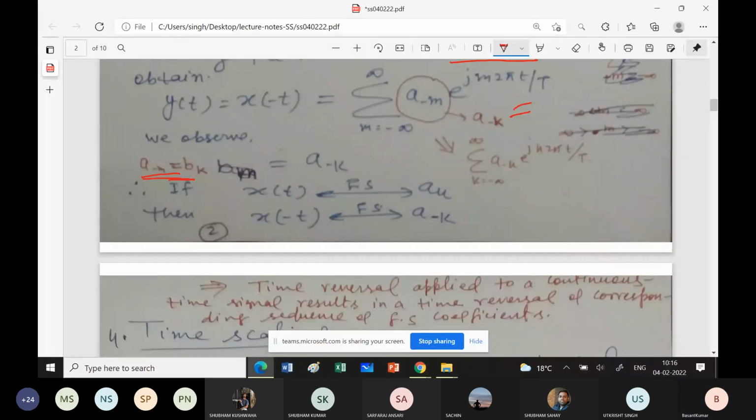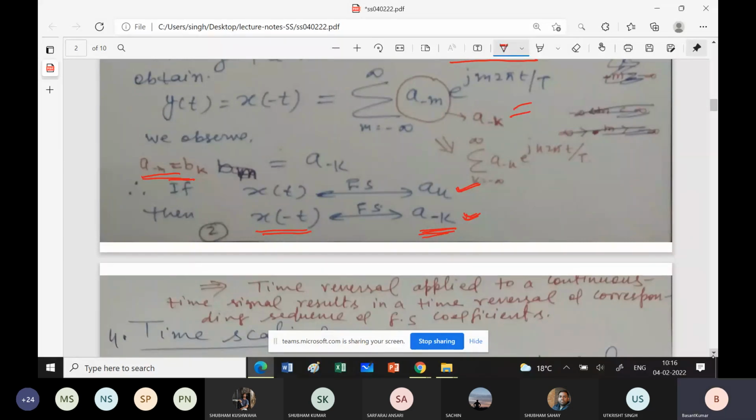Finally, what we observe is that if you take a time reverse signal, you have your coefficient, because you have to compute the coefficient, so your coefficient is also time reversed.